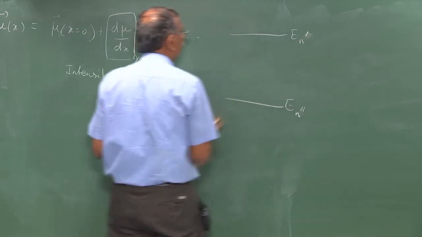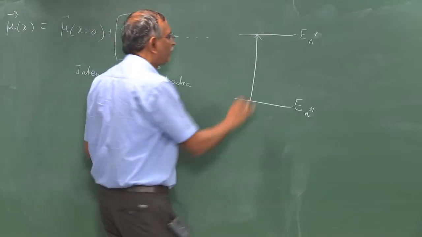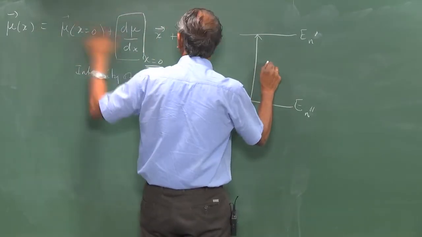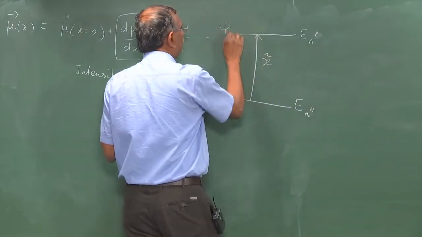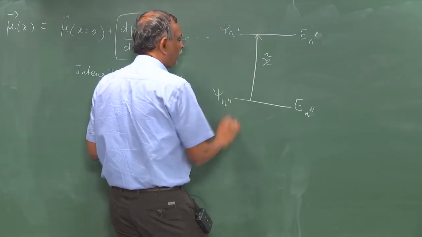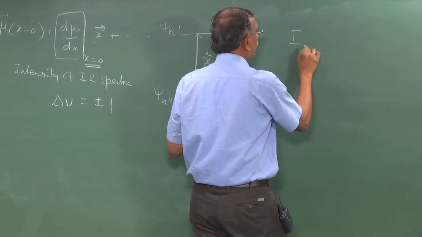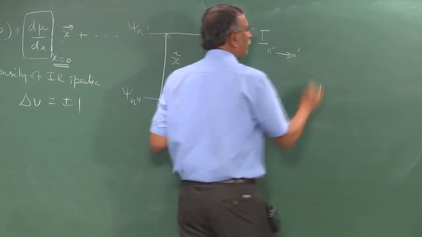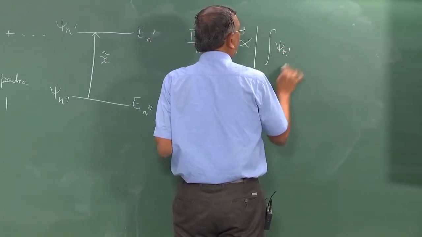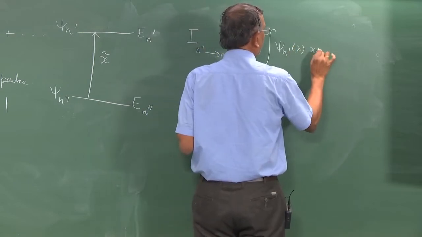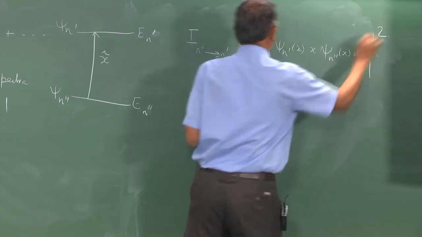If these two have to be connected, it is this mu, and technically it is the x operator which connects psi n prime and psi n double prime, to give you an intensity of the transition between n double prime to n prime as being proportional to the absolute square of the integral psi n prime x psi n double prime of x dx squared.